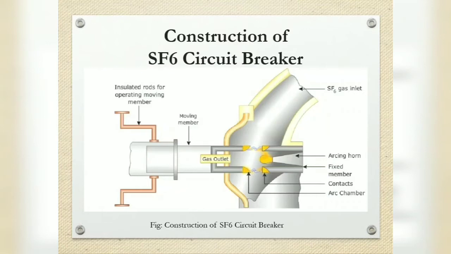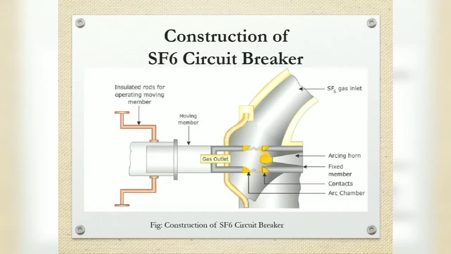When the pressure of the gas is very low, due to which the dielectric strength of the gas decreases and the arc quenching ability of the breaker is almost ended, then this system gives the warning alarm.